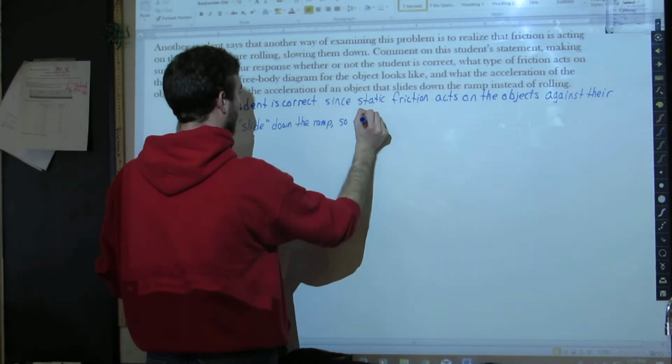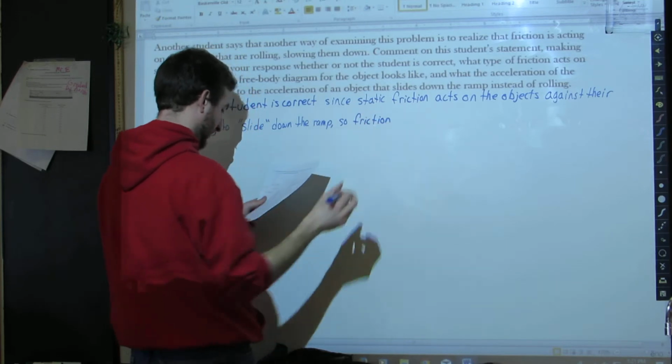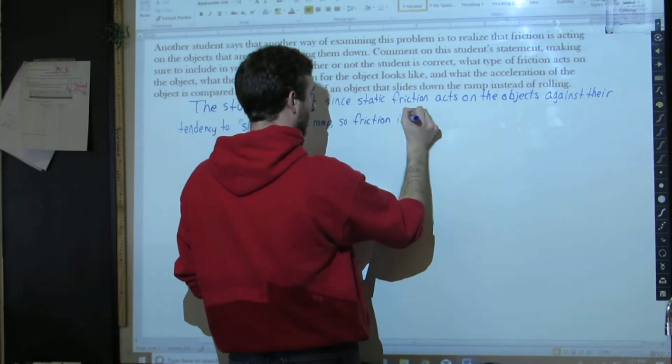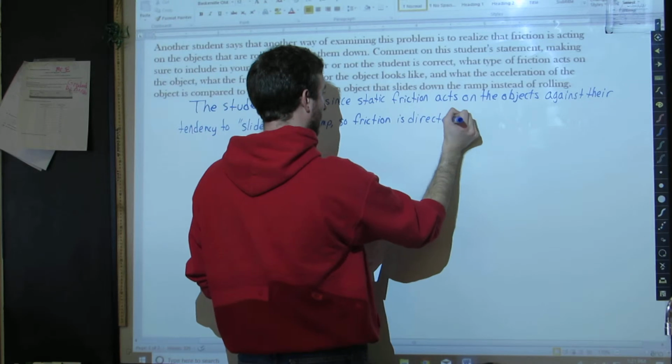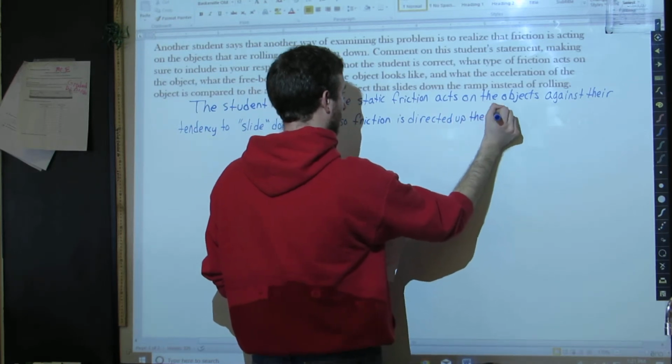So, the force of friction is directed up the ramp.